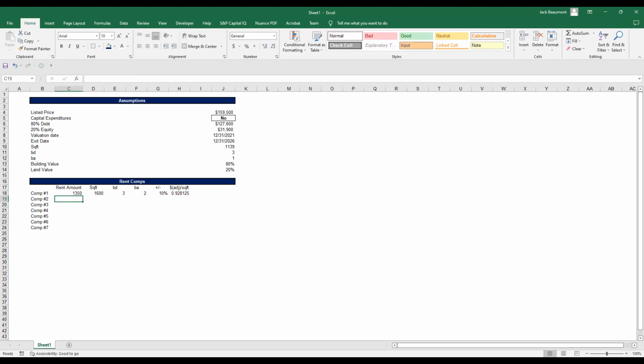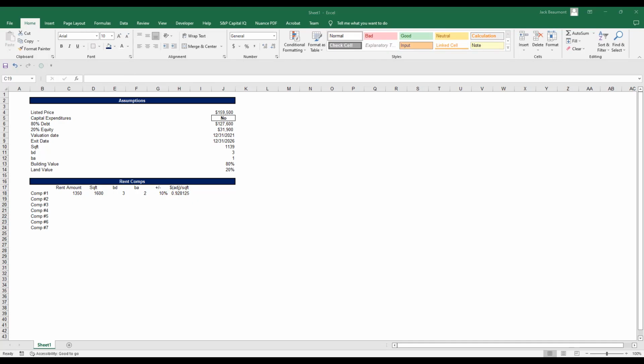Now I'm back on Zillow. I'll try to figure out for the future how to get both screens showing easily, and I'm just going to find more properties that are comparable to us. The best way is to find it in the exact area, as close as possible to where your subject property is.